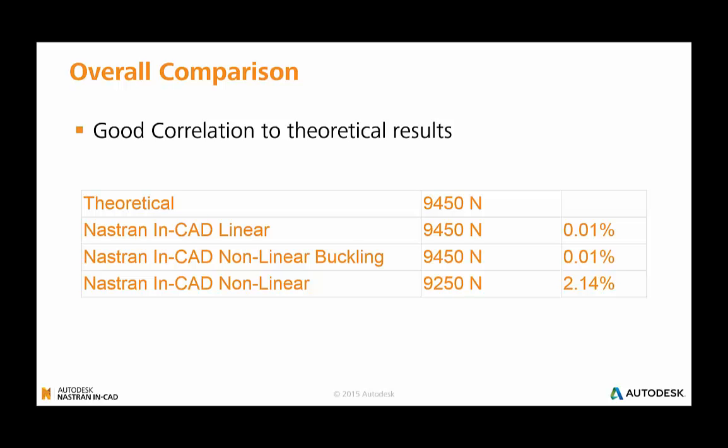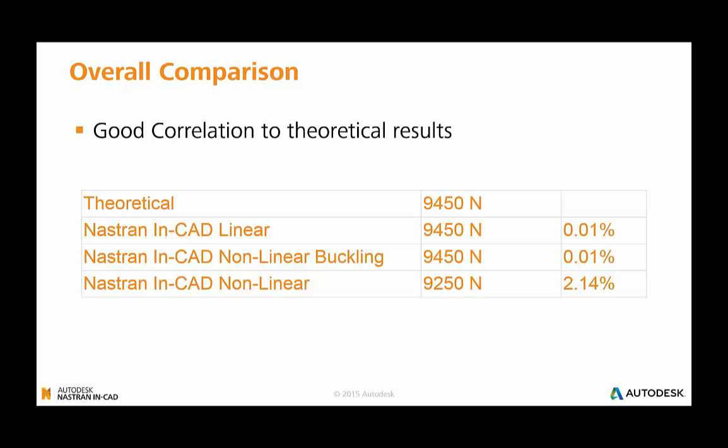I think it was 9,450.9 newtons, so it's out by a very small factor, very close to the theoretical value. Likewise, if we do the same inside of the nonlinear buckling analysis, it gives us a very similar, if not the same number. Again, a very small discrepancy from the theoretical value.